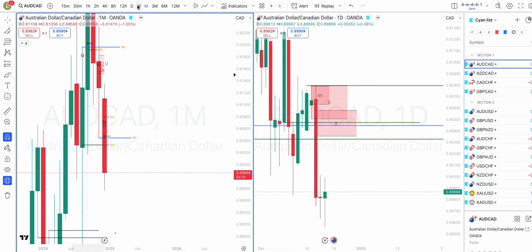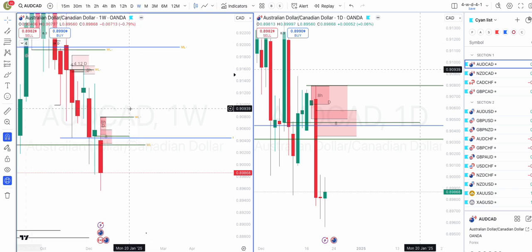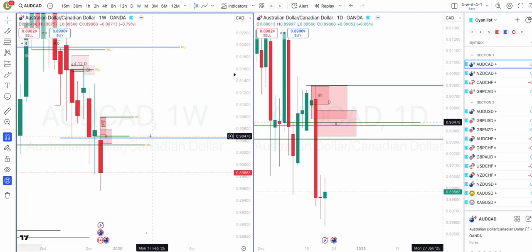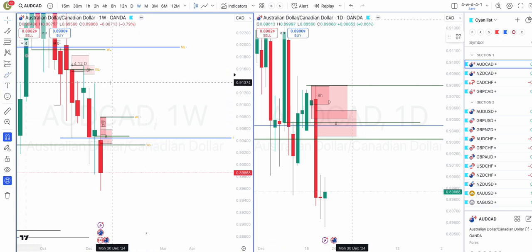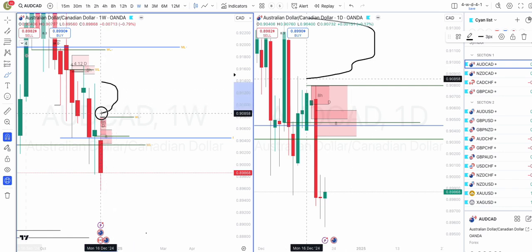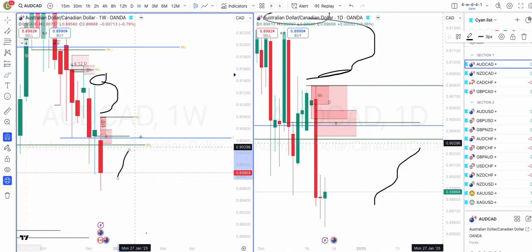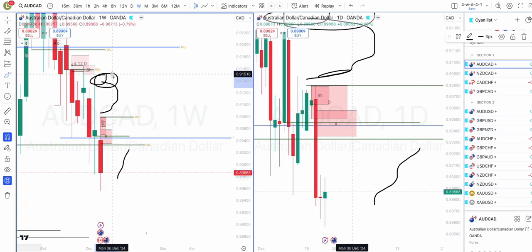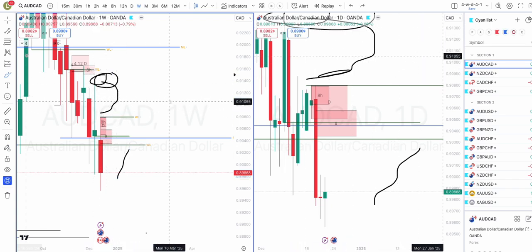Then if you look at this here, weekly, this is a weekly block zone, right? But now let's say we are thinking about reversal. The problem right now is this long wick, right? So it may also act like liquidity. So if we reverse, this area may attract the price, this area may attract the price, right?